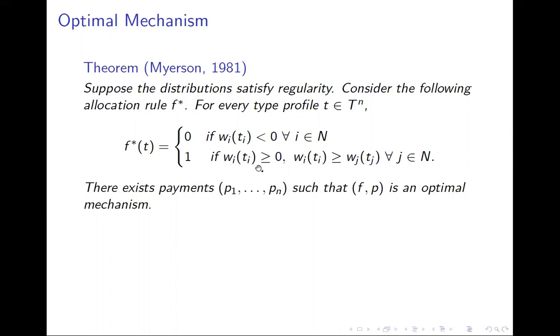Fixing t minus i, you keep lowering my type till my virtual value either becomes negative or I become the second highest virtual value. That is the point which determines my payment when I win. Yes, so that we know from our last lecture that any DSIC mechanism must satisfy this property, given that pi_i(0) is equal to 0.